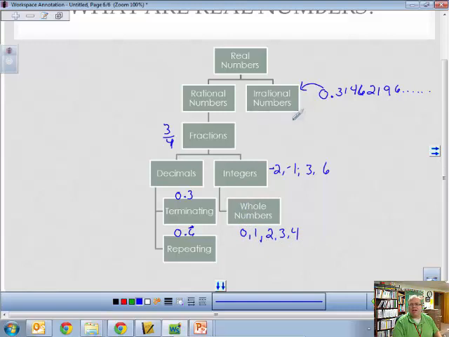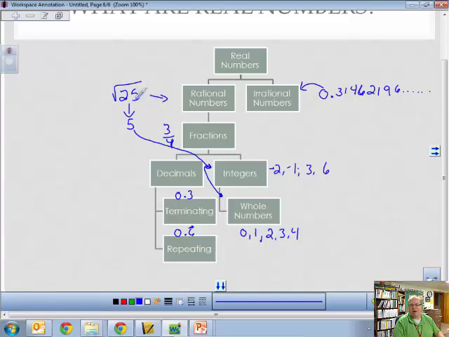In your last lesson, you talked about some radicals. Say radical 25, or square root of 25, is 5, right? Well, 5 is both an integer and a whole number. So therefore, a perfect square is going to be a rational number.